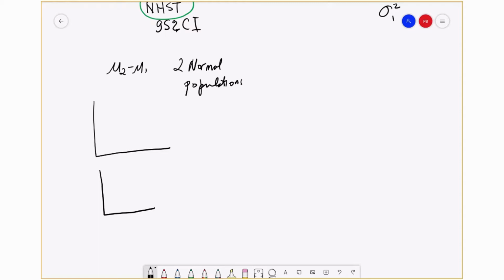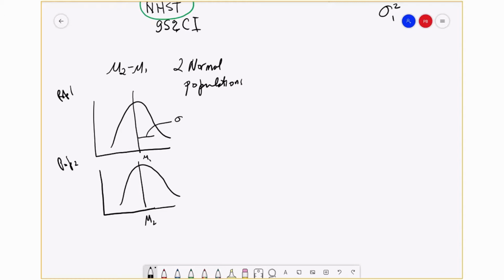So we've got population 1 and population 2, and they're both normal. And they've got some sort of a mean, so there's mean 1 and mean 2. And what we're really interested in is the variance, but I'm going to represent it here as the standard deviation. So we've got standard deviation 1 and standard deviation 2.